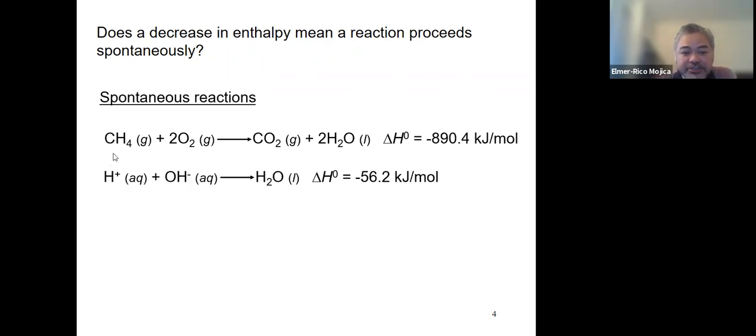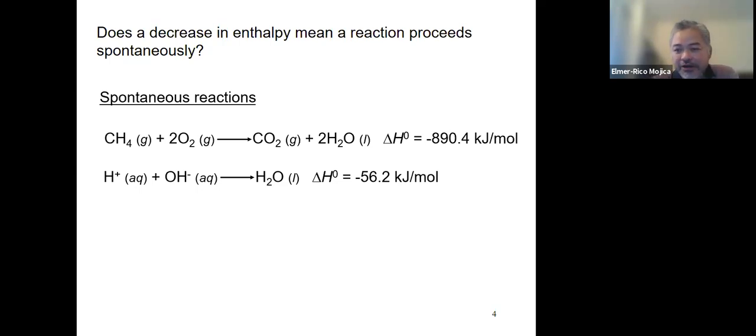The first one is combustion. The burning of hydrocarbons is usually an exothermic reaction, and it happens spontaneously. And then the mixing of acid and base to form water happens spontaneously, and it is an exothermic reaction.